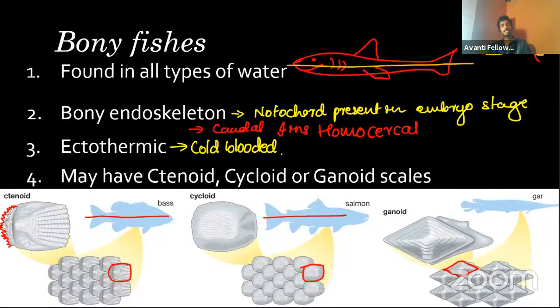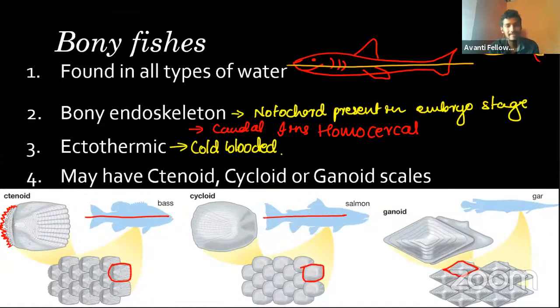And another thing, when we were discussing Chondrichthyes, I told you in sharks, their teeth are made up of placoid scales, right? Nothing like that happens here. Why? Because these fishes have a bony endoskeleton. They have their own bones. Bones are much stronger than the scales, right? So they have teeth which are made up of bone only, or an extended part of the bones only.